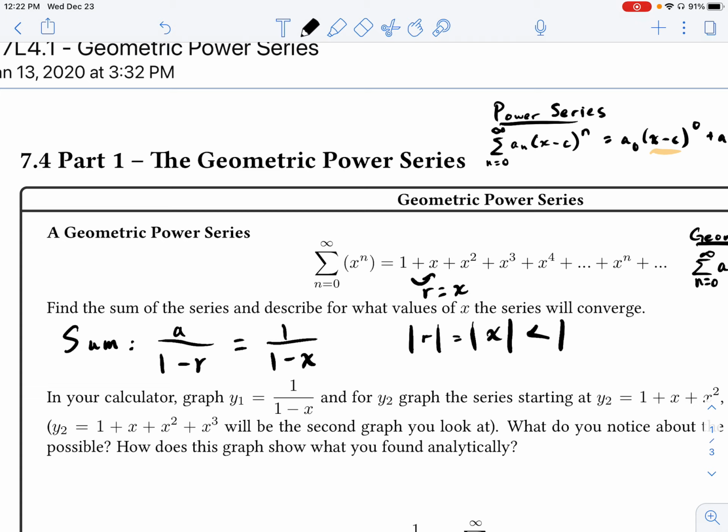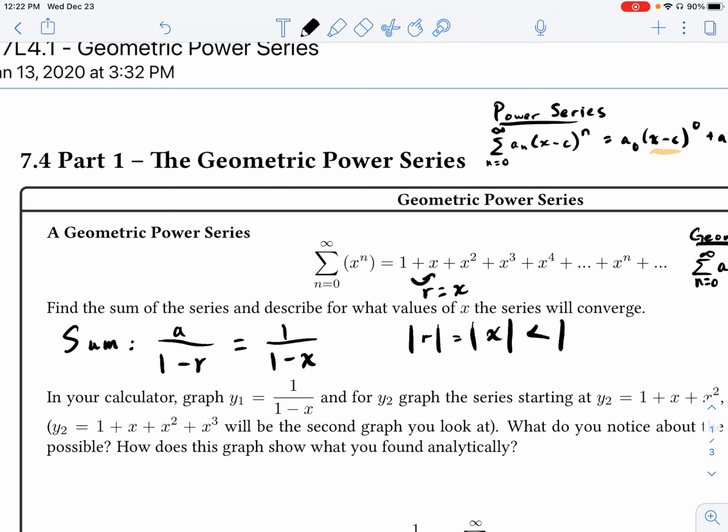So here's something that's interesting about this. Before, we got to just look at a specific numeric value. In our previous geometric series, we just looked at what's the numeric value or common ratio that we're multiplying by every single time. In this case, we actually have a variable. We're saying for some value of x, depending on what that x value is, we may have a convergent geometric series or we may not.